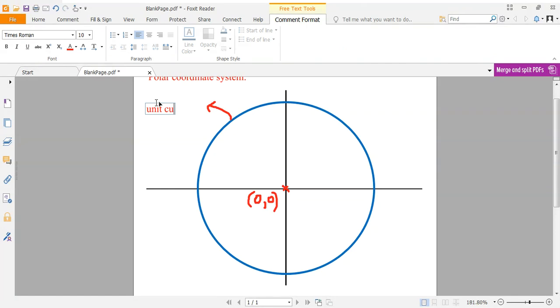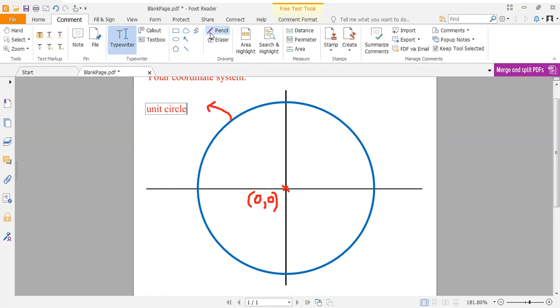As I mentioned before, if it's a unit circle, the most important property of the circle is that the radius of the circle is 1 unit. Now, what do I mean by 1 unit? Is it 1 centimeter? Is it 1 meter? Is it 1 millimeter? Is it 1 inch? That is not of any substantial relevance to the explanation.